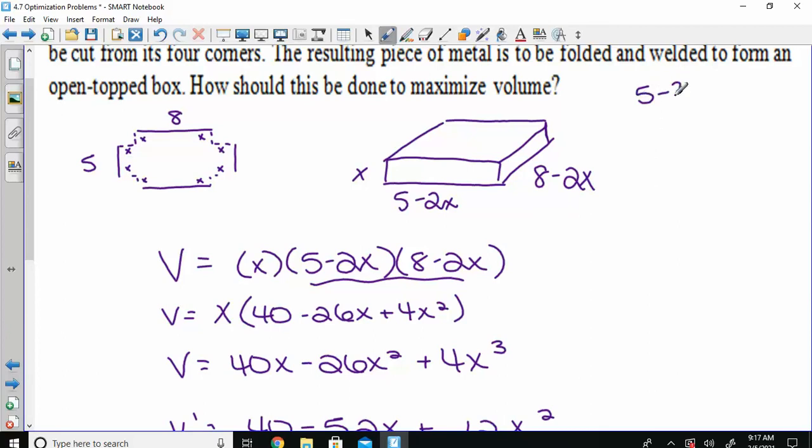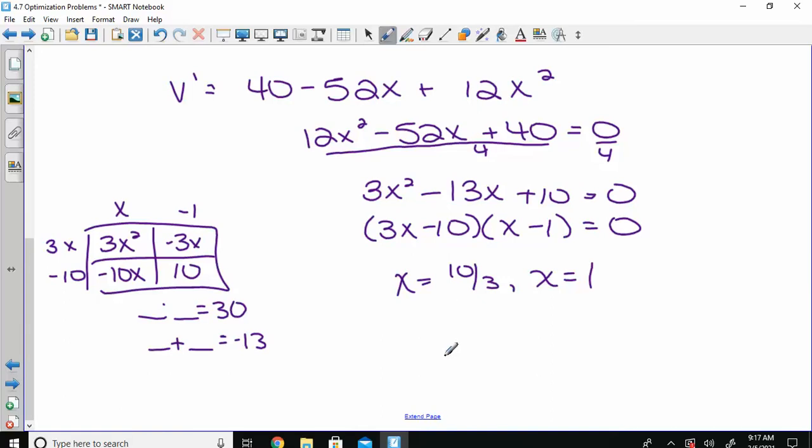What's 5 minus 2 times 10/3? -1.6. And -1.6. So if you cut off 10/3 from each side, you now have a negative length, and that's not possible. Could x be 1? Yeah, 5 minus 2 is positive, 8 minus 2 is positive, so 1 is the answer.